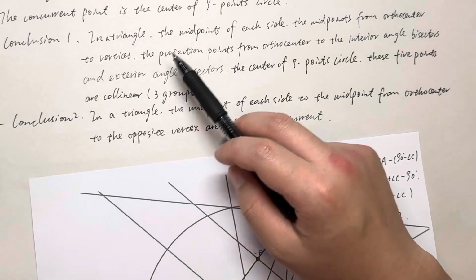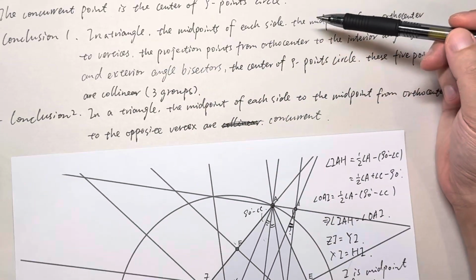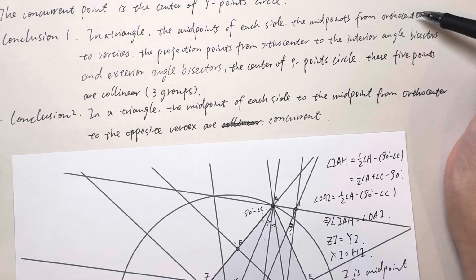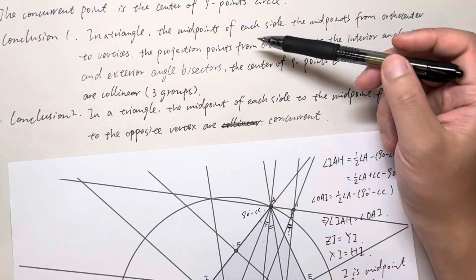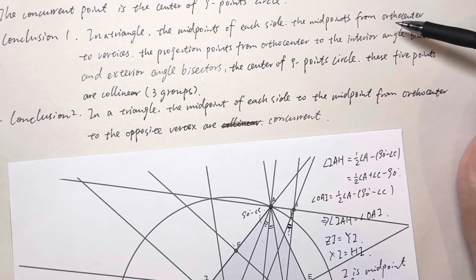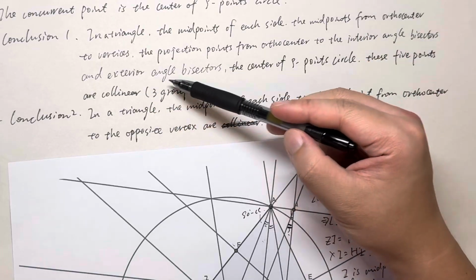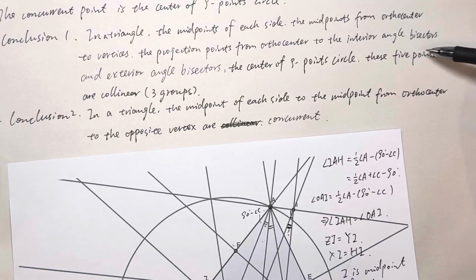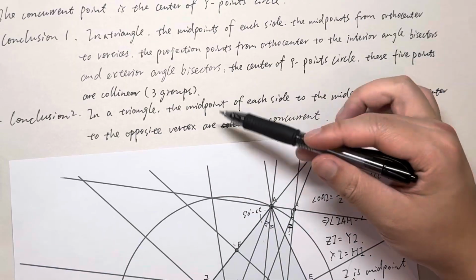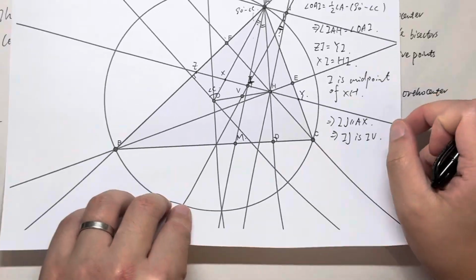In a triangle, the midpoints of each side, the midpoints from orthocenter to vertices, the projection points from orthocenter to the interior angle bisector and exterior angle bisectors, the center of 9-point circle. These 5 points are collinear, and we have three groups of that.